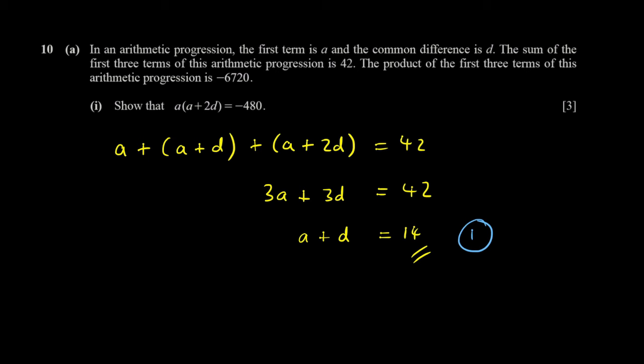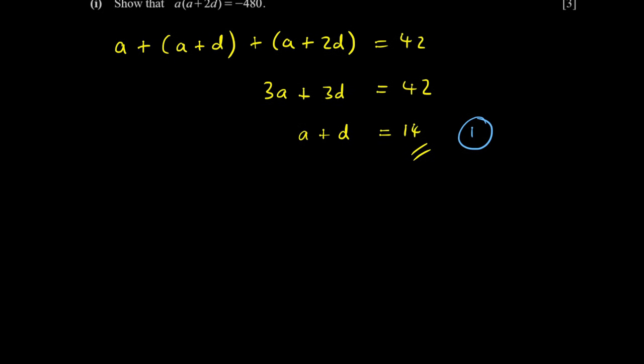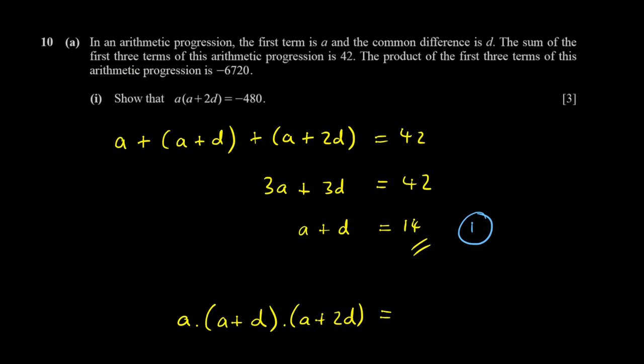And then we're also told that the product of the first three terms is negative 6720. Well, what does product mean? It means we multiply them. So we're going to get A times by A plus D times by A plus 2D is equal to negative 6720.